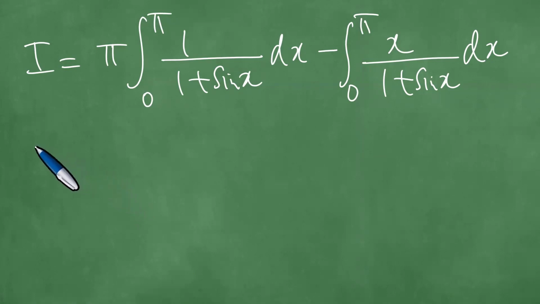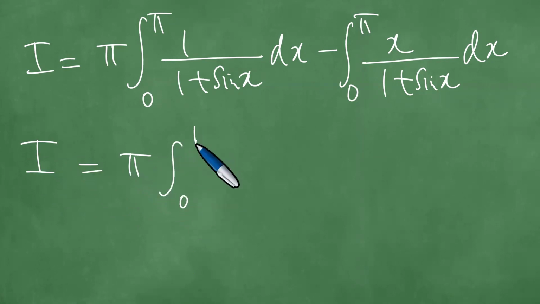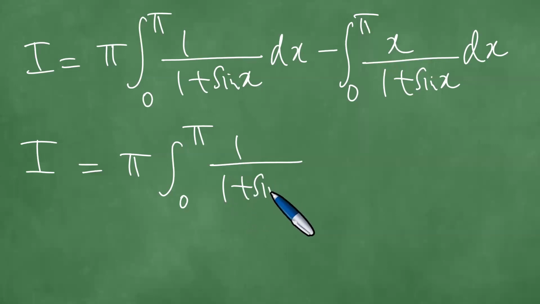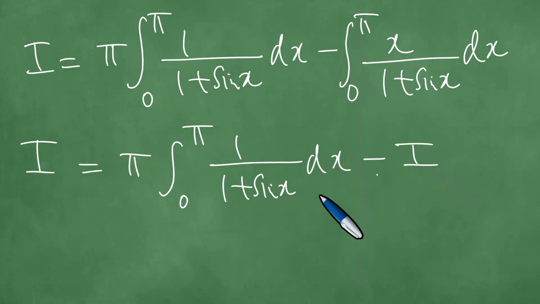So we have this. And at this point, we continue to write this as pi times the integral of 1 over 1 plus sine x dx, minus this integral, which is I. Remember this integral as I. Now, if we transpose this minus I to the other side, it becomes 2I.